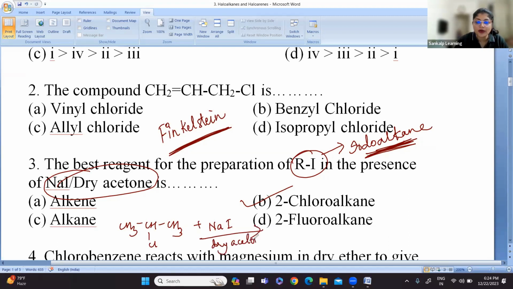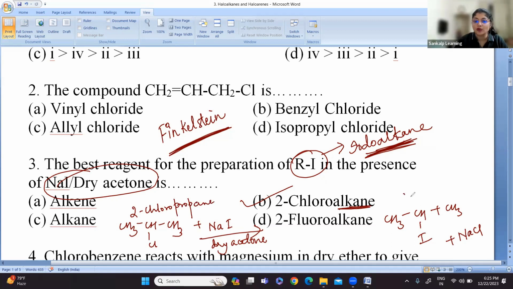What product will you get? You will get CH3CHICH3 plus NaCl. So this is the reaction. I have taken 2-chloropropane, they have mentioned it as alkene. So I got 2-iodopropane.